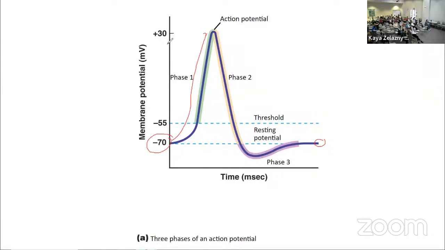So we're going to have this wave of positive charge flowing into the cell, mostly because sodium is coming in, right? And then to get back to the resting potential, that membrane potential has to fall back down. So we're going to see a flood of positive charges out of the cell at this point, bringing us back down more negative until we stabilize back at our resting state, right?